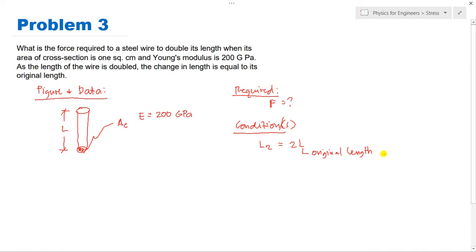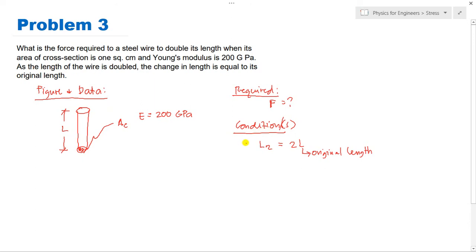Since this is the second condition, the second length is double its previous length. So in this last part, this indicates that as the length of the wire is doubled, the change in length is equal to its original length. Okay? So we have two conditions.